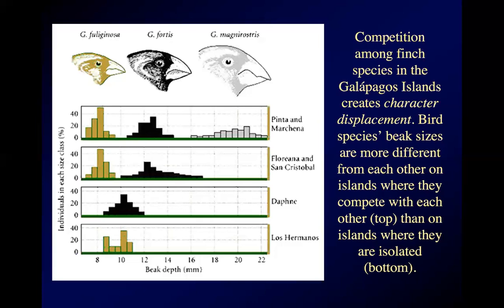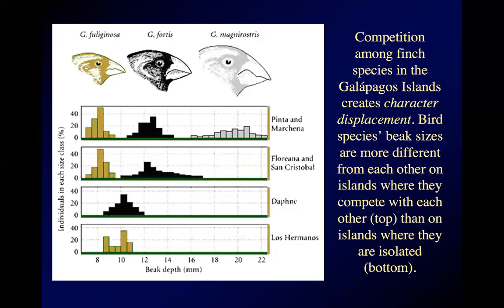The Geospiza fuliginosa graph is shoved over to the left, and the medium-beaked ground finch, I think that's G. fortis, I can't read the name very well because I've got a little zoom bar up on top of it. But the medium-beaked ground finch has bigger beaks on average, and the small-beaked ground finch has smaller beaks on average than they do when they're in populations where they live alone.